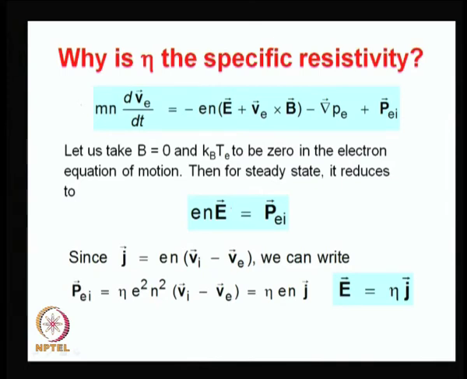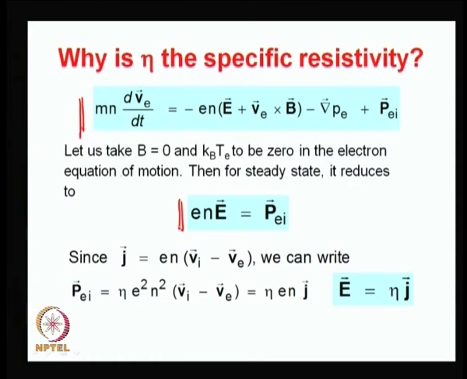Again, let us come back quickly to the point why we call eta the specific resistivity. If you go back to the equation of motion and put B equal to 0 and KB TE equal to 0 in this equation of motion for electrons, for steady state you get a simple expression E n e equal to Pei.